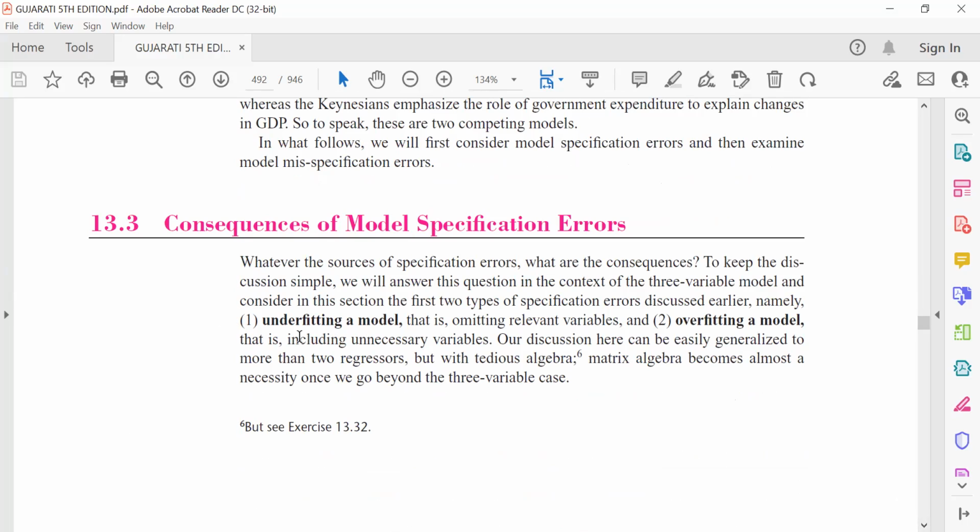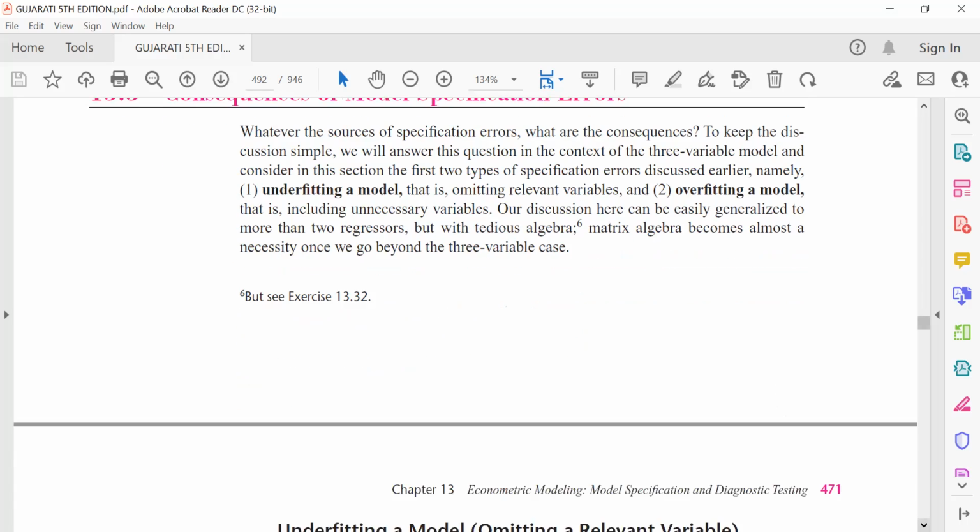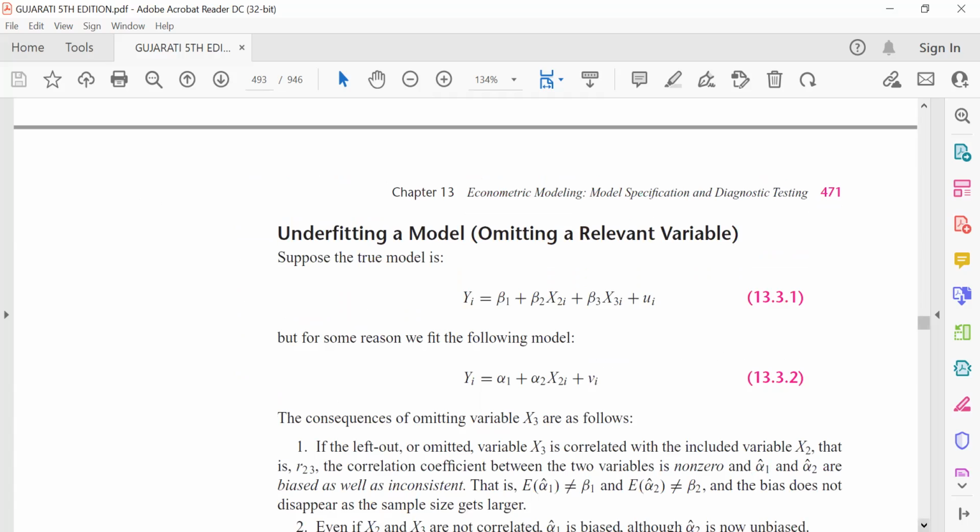This means including unnecessary variables. Underfitting a model: we have a very important, very relevant variable, but we drop it from our model. Okay, suppose this one, 13.3.1, is the true model, but we estimate 13.3.2.